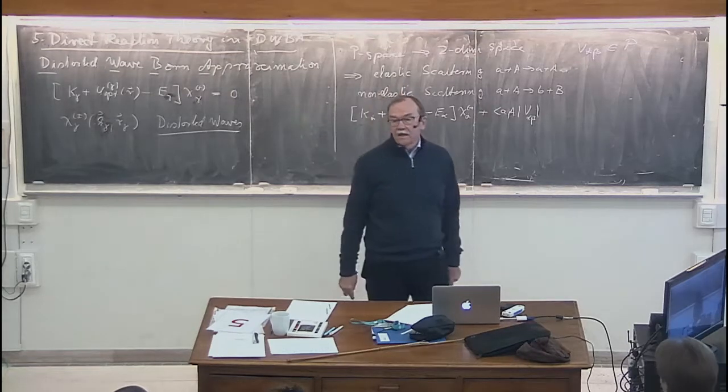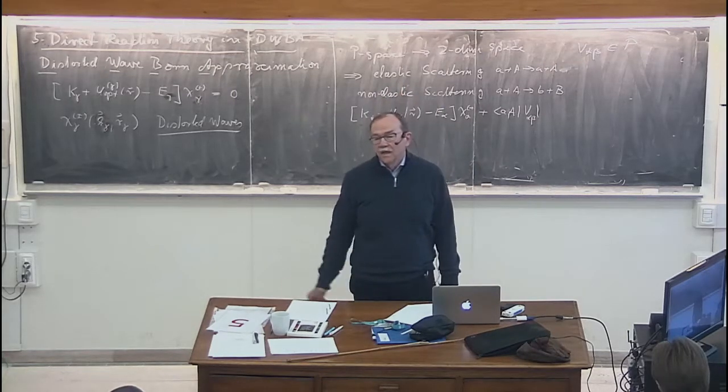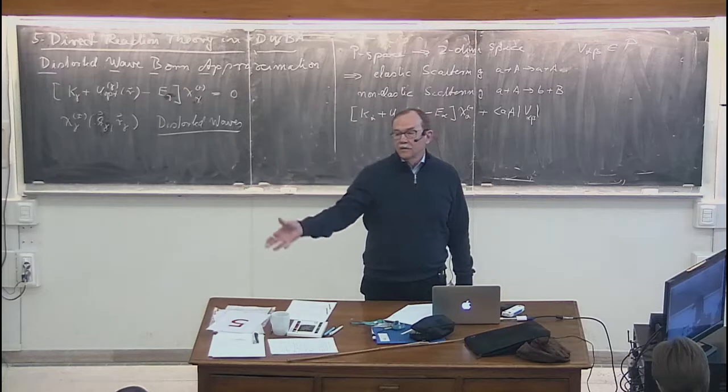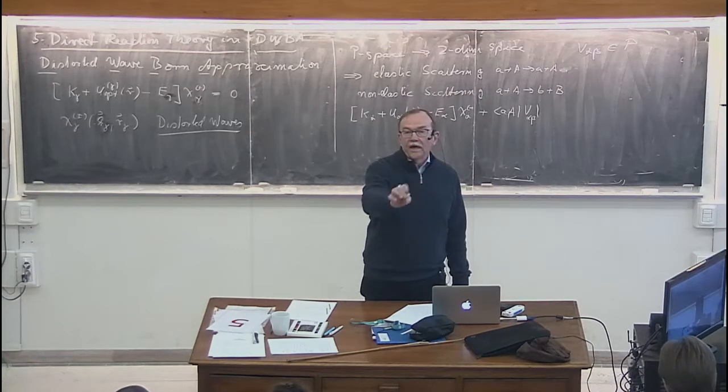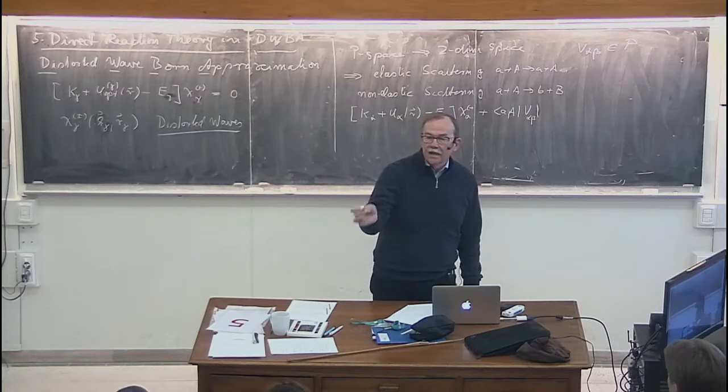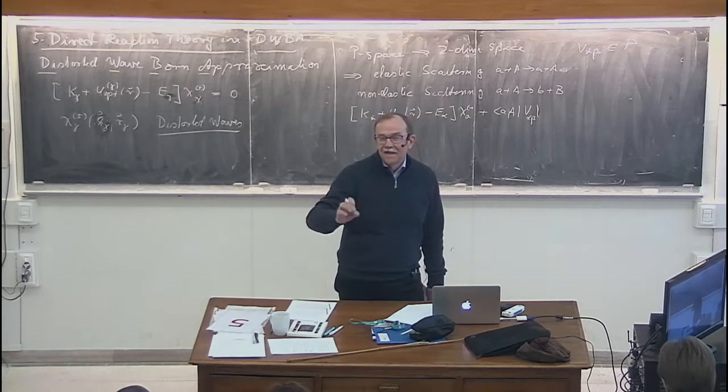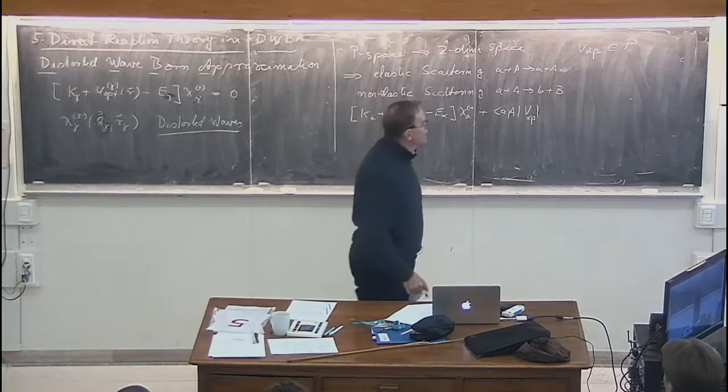Yesterday we defined an interaction VPQ, which was connecting P and Q space. Now we are, so to say, boiling down the problem to a coupling to define more details in the P space.